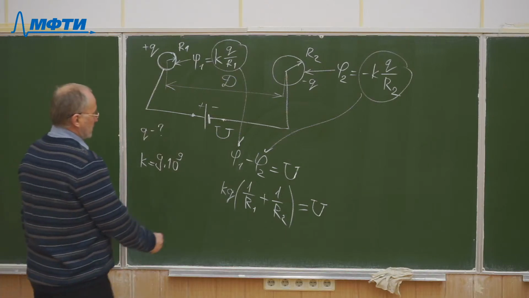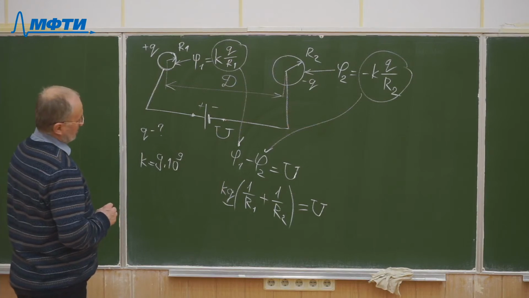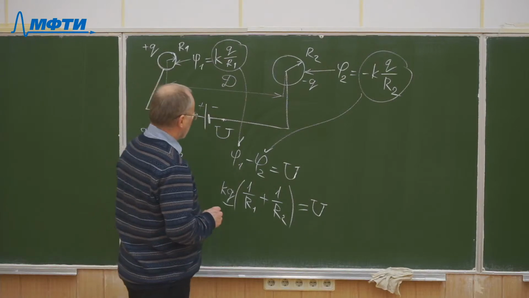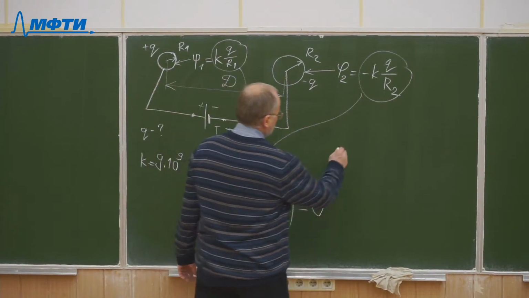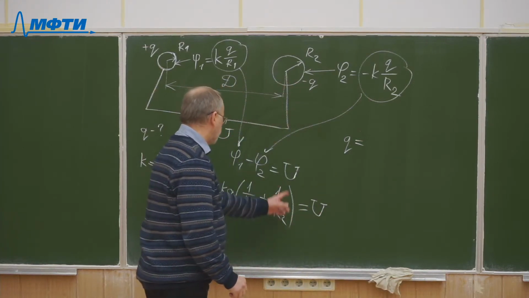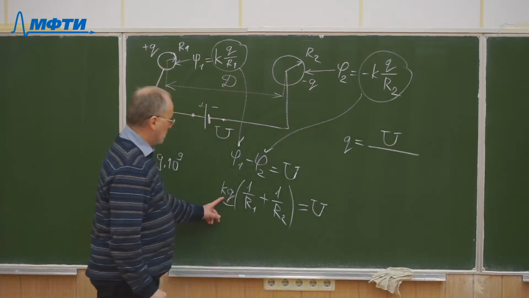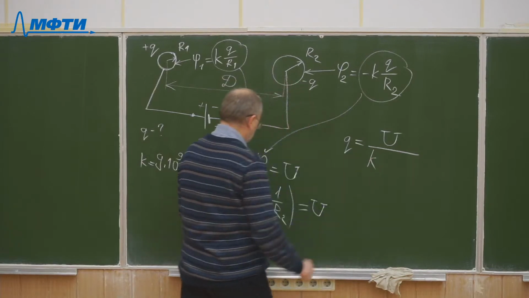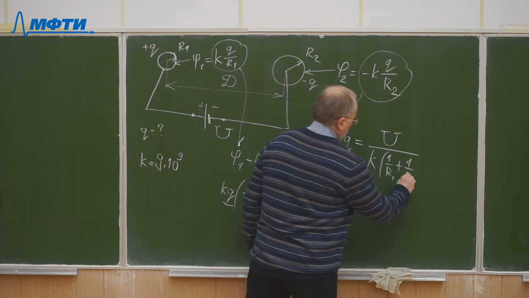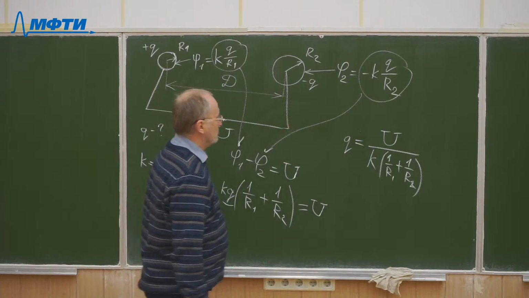And so from this equation we can easily find this charge Q, which will be accumulated, plus Q on one of the balls and minus Q on another ball. And this Q will be given by U divided by these round brackets, first divided by the coefficient K, and then by this round bracket. So that will be the answer to the problem.